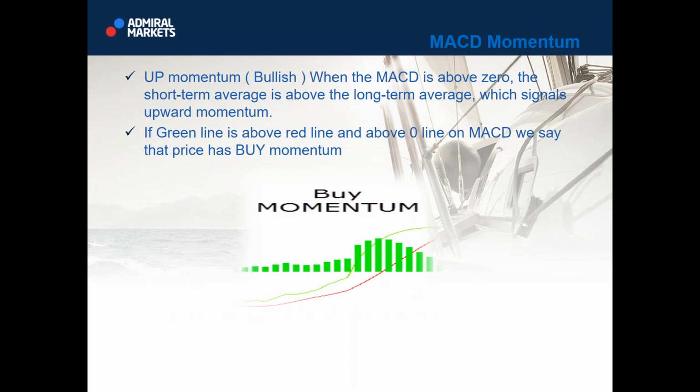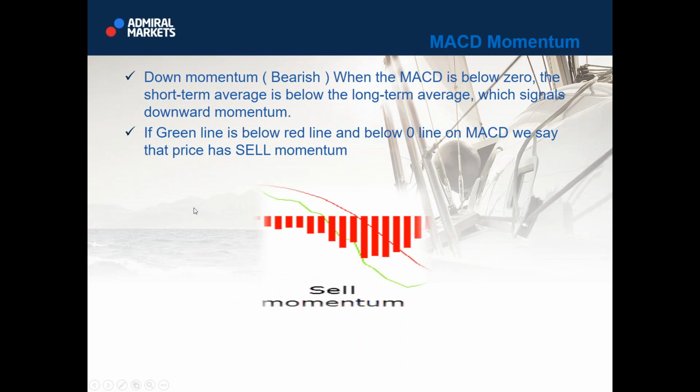Up momentum or bullish momentum is when MACD is above 0. Then the short-term average is above the long-term average, and that signals an upward momentum. If the green line is above the red line and both are above the 0 line on MACD, we say that price has buy momentum. Down momentum or bearish momentum is when MACD is below the 0 line and the short-term average is below the long-term average, which signals downward momentum.